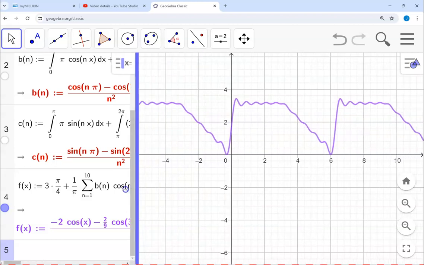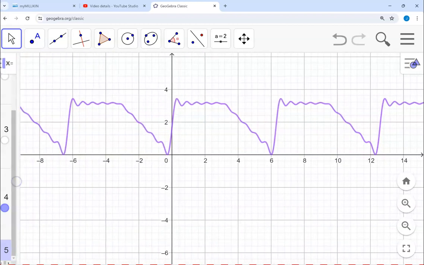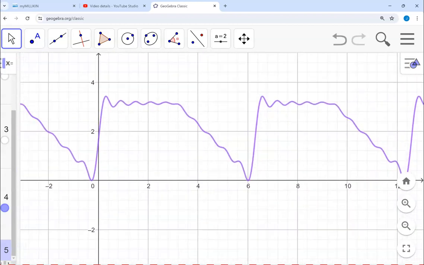Let me scooch over a little bit so you can see it a little bit better. That one okay? Again, if you change your upper bound on that sum, it should get a little bit better.